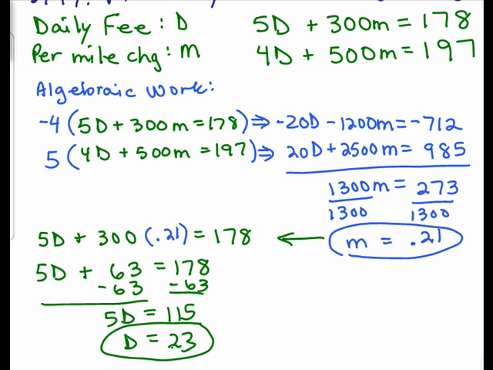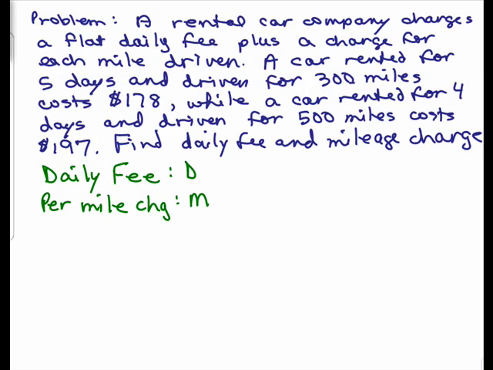Now we've got to make sure this all makes sense. Okay, here was the original problem, and we got that D was 0.21, and we got that M was 23. So I did that backwards.